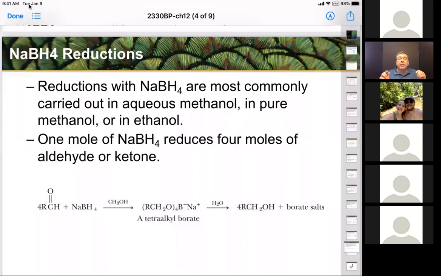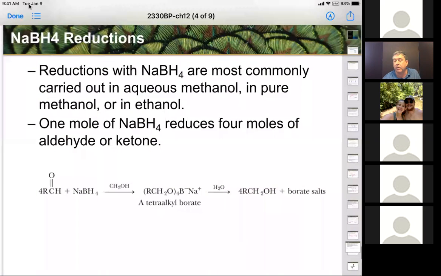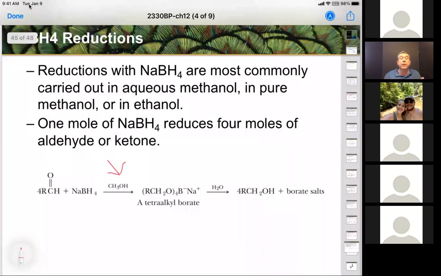Basically, the boron ends up reacting with all of these alcohols as it loses all of those hydrides. A hydride leaves and forms an alcohol-boron bond, but it has 3 more hydrides to transfer. Then another hydride will leave, and it's got 2 alcohols on it and 2 hydrides.